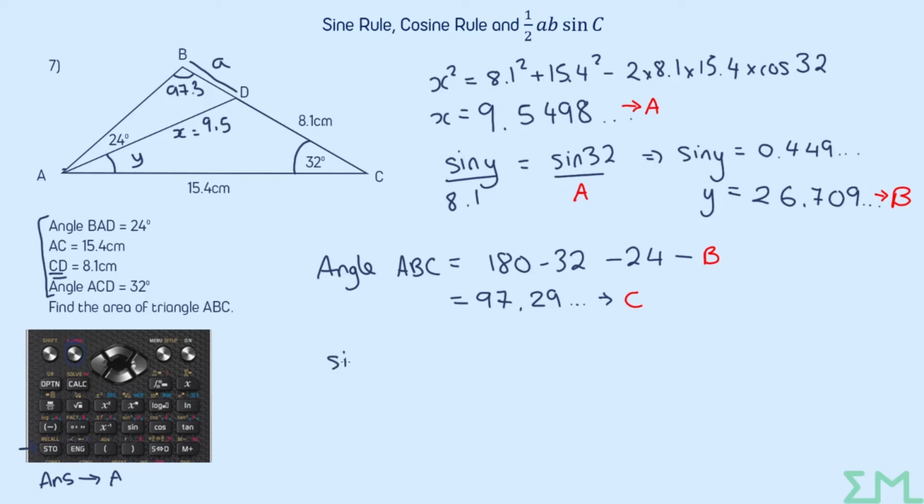So sine, oh no, started the wrong way around. We want our sides on top because we're trying to find a side. So a over sine 24 equals our red A, which is the one we stored up here. So this is our x, the 9.5498 over sine of C, this angle here.